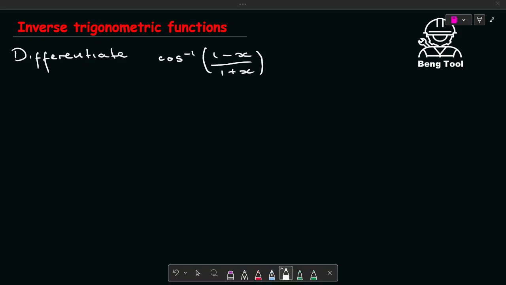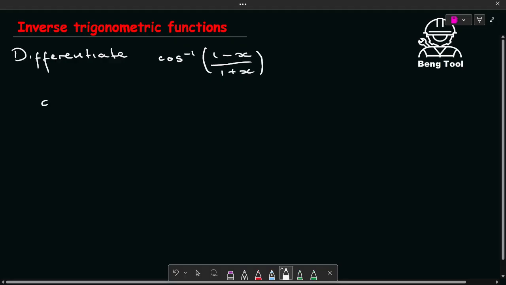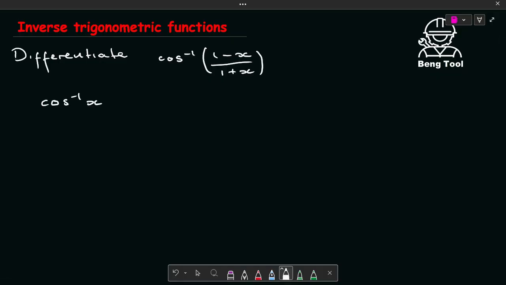Okay, let's quickly go over how we can differentiate this given question. You quickly notice that this is coming from the cos inverse of x. If you differentiate cos inverse of x with respect to x, this is what you're going to get: negative 1 over the square root of 1 minus x squared.